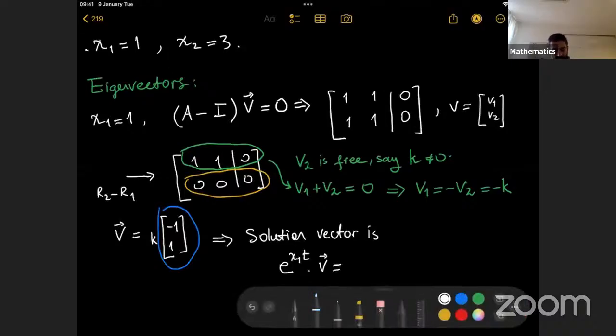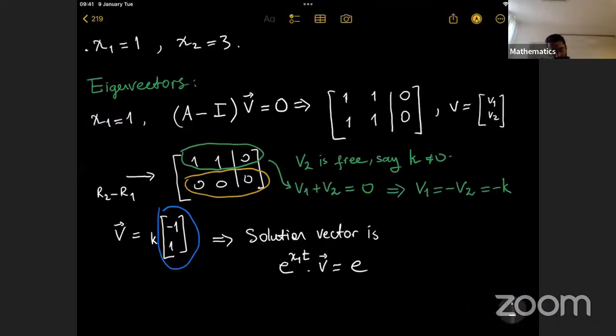So it's going to be e to the t times v, where v is 1, minus 1. Any multiple of this is a solution as well, so we can keep it like this. Let me give a name for this. Let's say this is x1.